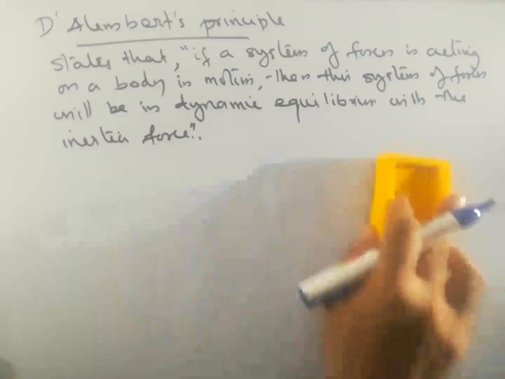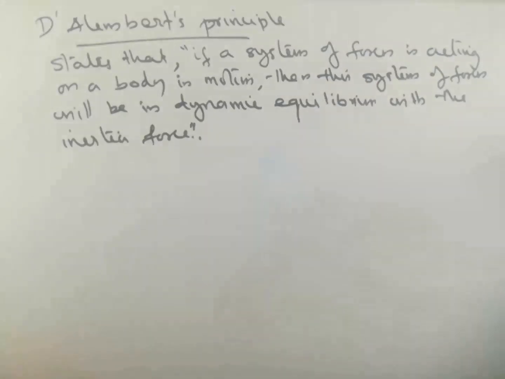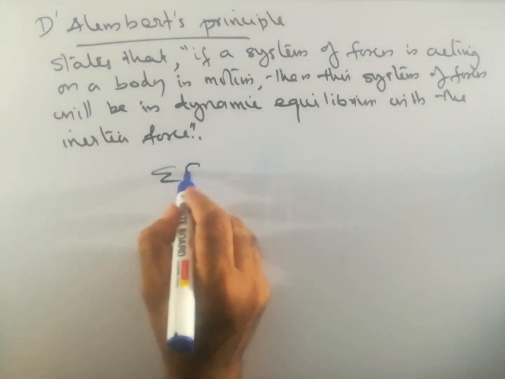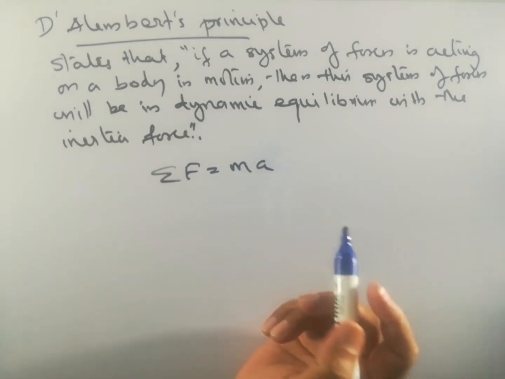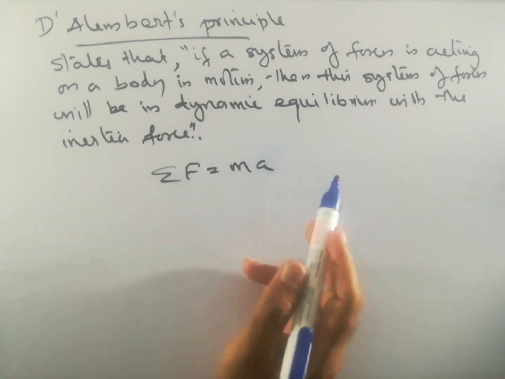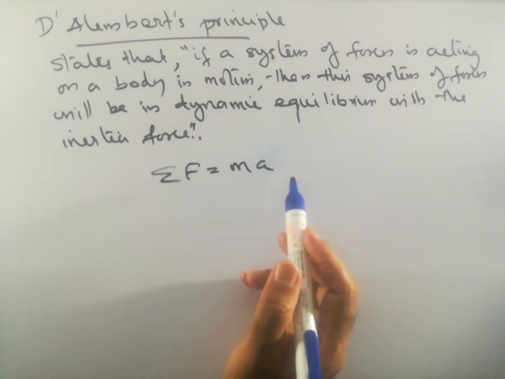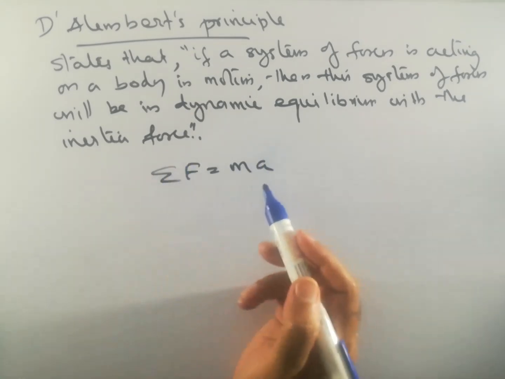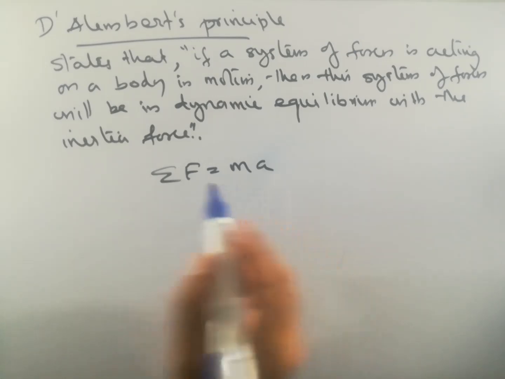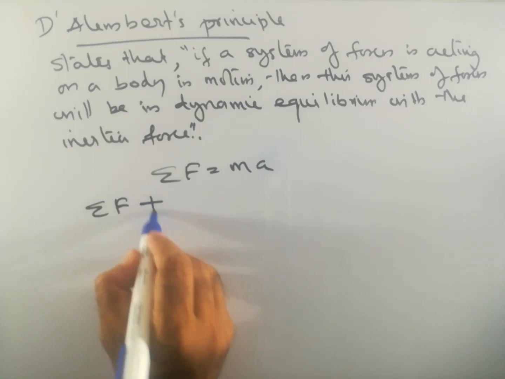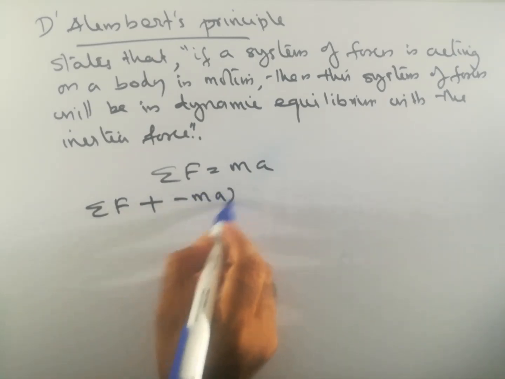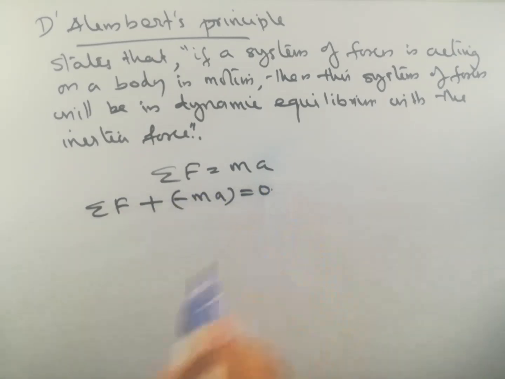So from Newton's second law, we know sigma F equal to ma, where sigma F is the net force acting on the body, m is the mass of the body, and a is the resulting acceleration due to the net force. Okay, so this sigma F equal to ma can be written as sigma F minus ma equal to 0.